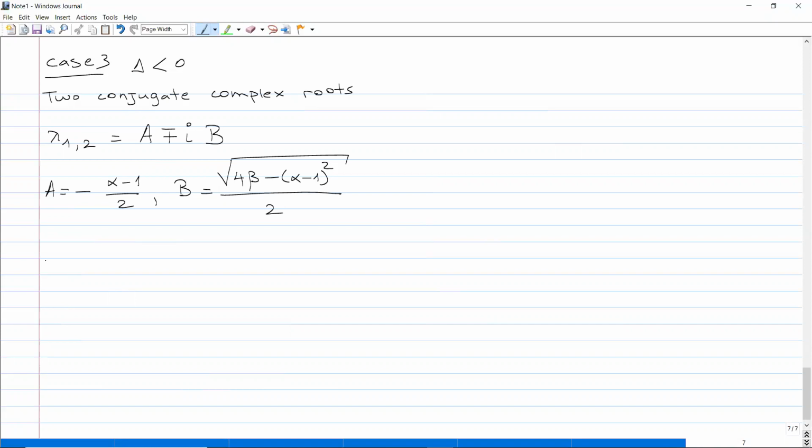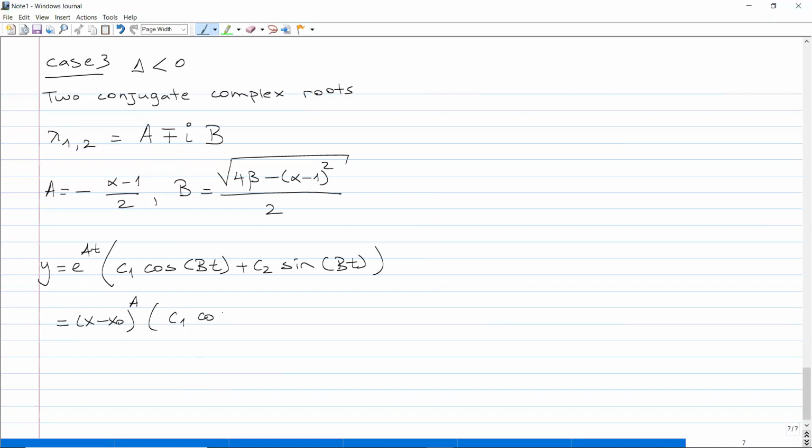For the solutions, the real part gives the exponential function, and the imaginary part gives cosine and sine functions. So C1 cosine bt plus C2 sine bt. Now, e to the t is x minus x0, so we have x minus x0 to the power a, and for t, we put the natural logarithm of x minus x0.